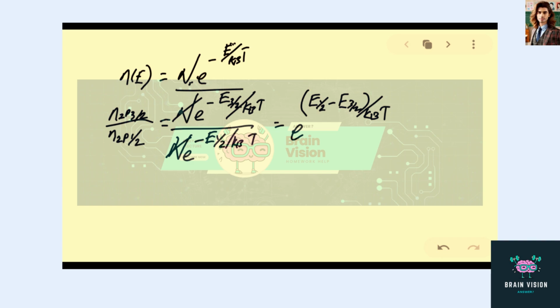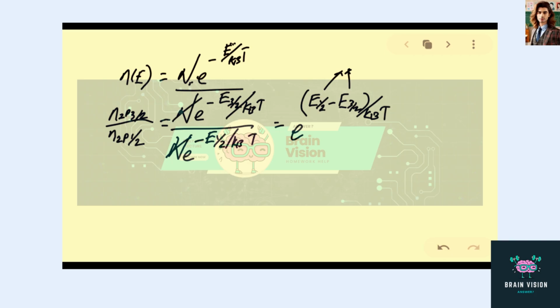So what we need is to find the energy difference between these two states.